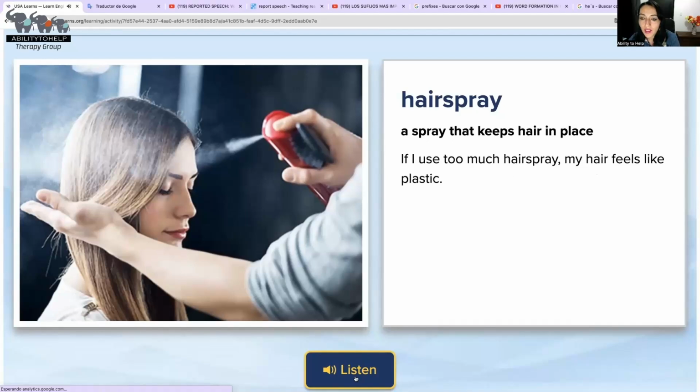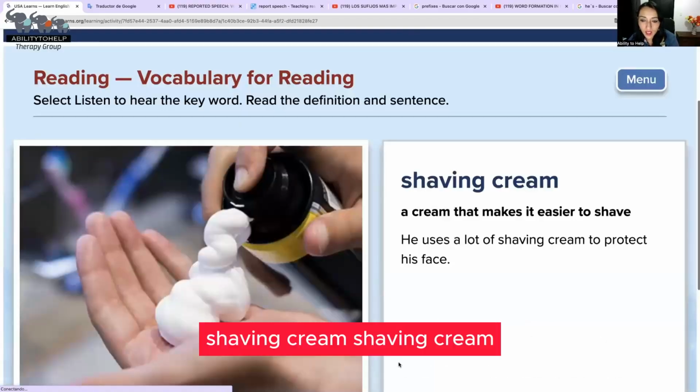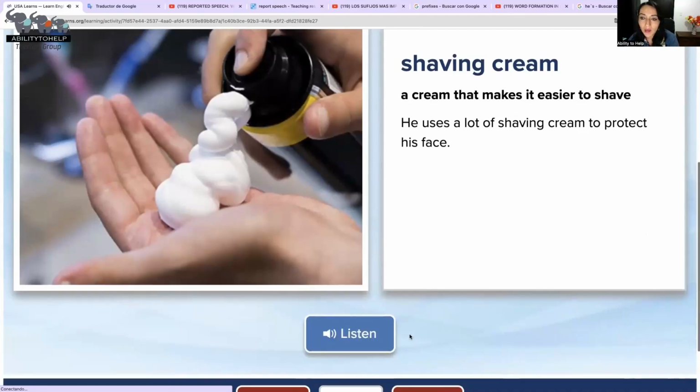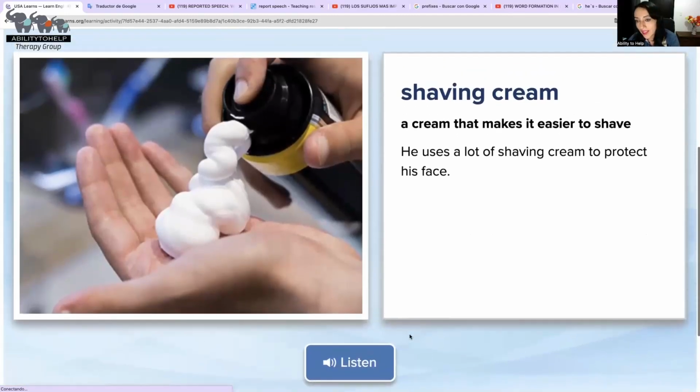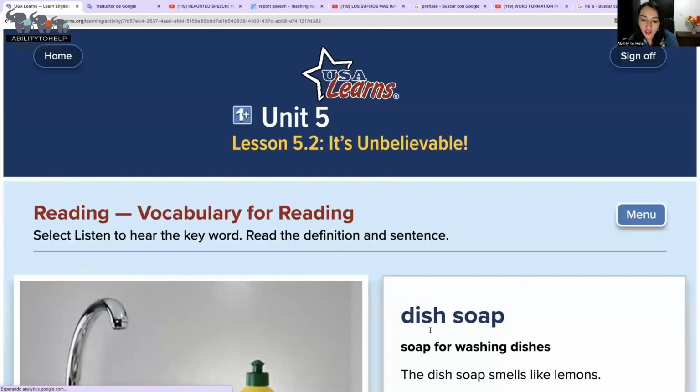A spray that keeps hair in place. If I use too much hairspray, my hair feels like plastic. Shaving cream. A cream that makes it easier to shave. He uses a lot of shaving cream to protect his face.